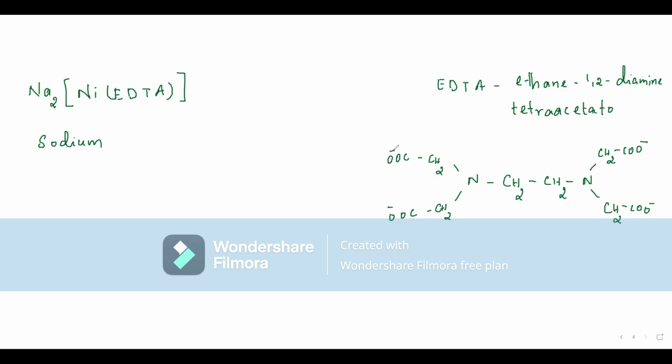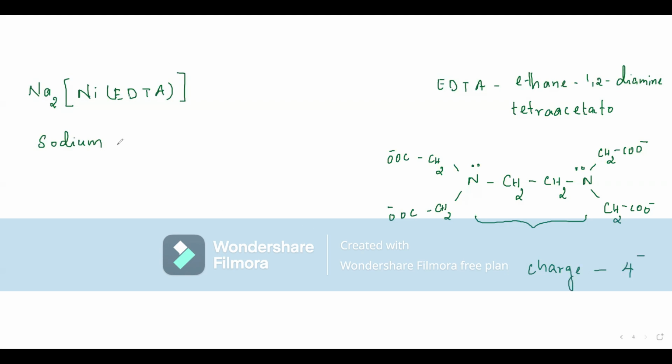CH2COO is representing acetate. It's repeating 4 times, tetraacetate, and this tetraacetate is present on ethane diamine. The charge on this is 4 minus. So charge on EDTA is 4 minus.